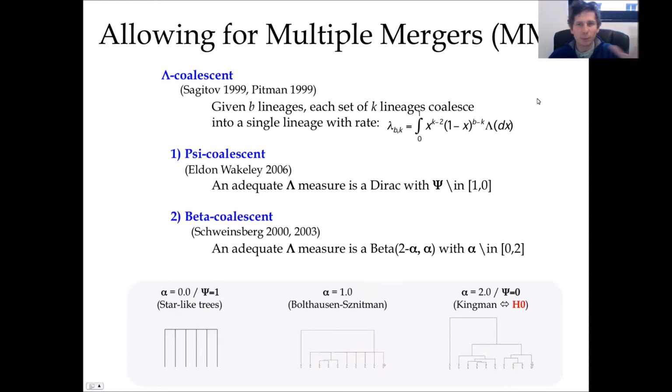Right? So there is a whole mathematical framework for that, based on these rates of transition. That's the probability that when you have B lineages, B individuals, you will collapse K of them at a single time point. And there are subversions of this. One is called the psi-coalescent, and it has been proposed by Bjarke Eldon and John Wakeley like 15 years ago.